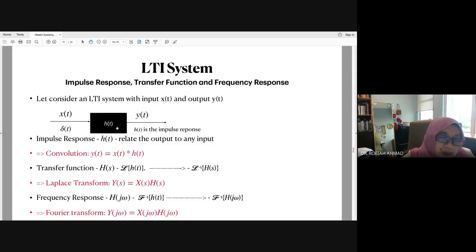So how are we going to find it? When we know a system, we learn about RLC, right? For electrical, we have resistor, inductor, capacitor. We also learn about mechanical systems, where we have friction, force, using Newton's second law. So for these systems, we will dig into finding the transfer function. Why do we want the transfer function? Because we want to know the system's behavior.